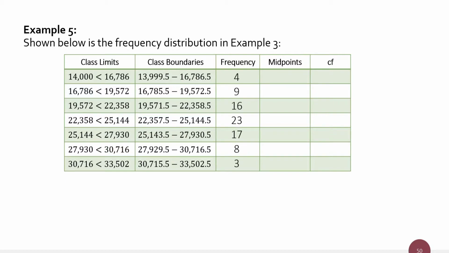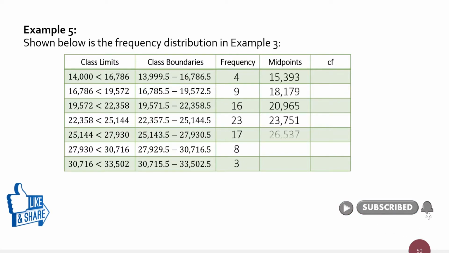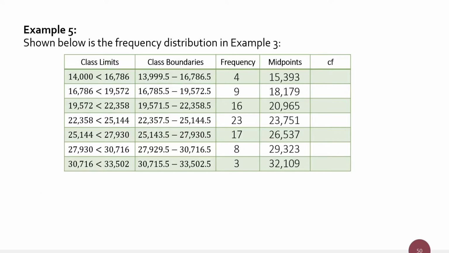And also, para makuha natin yung midpoints, so the formula is to acquire the average. Okay? ng ating class limits. So therefore, ito yung ating mga midpoints. And also, sa previous example natin, na-determine din natin yung mga cumulative frequencies, which is ito yun.